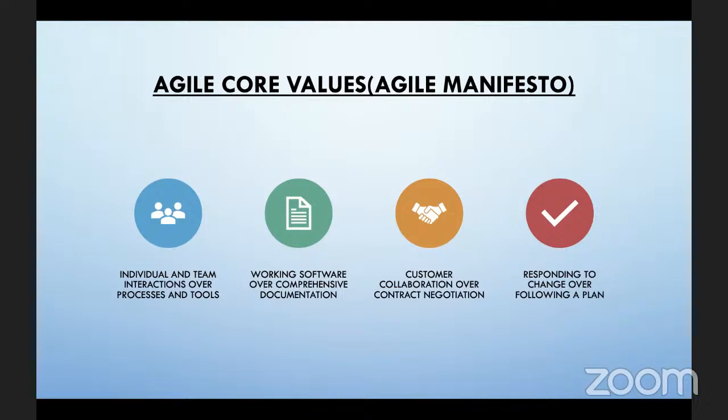Number 3, the Agile Manifesto: customer collaboration over contract negotiation, right? Now, in waterfall, there's a lot of emphasis on contract negotiation and closing an agreement.